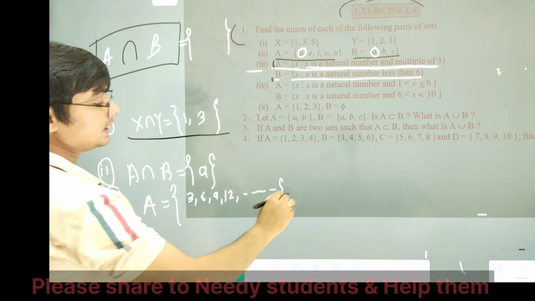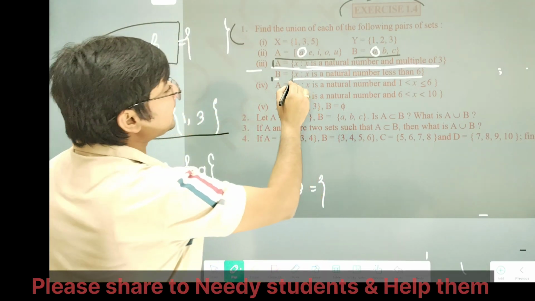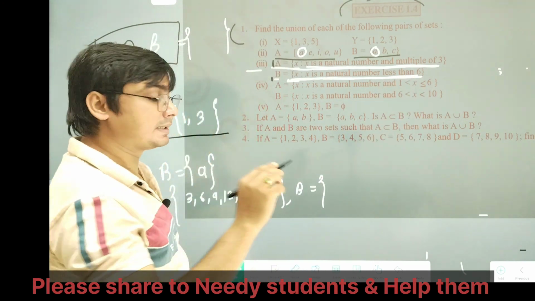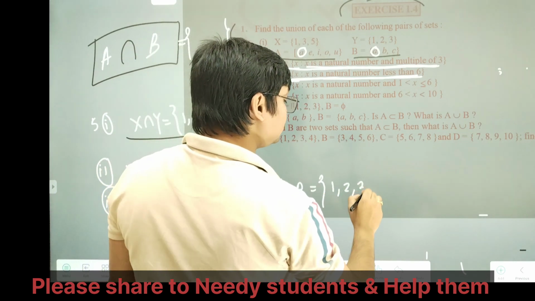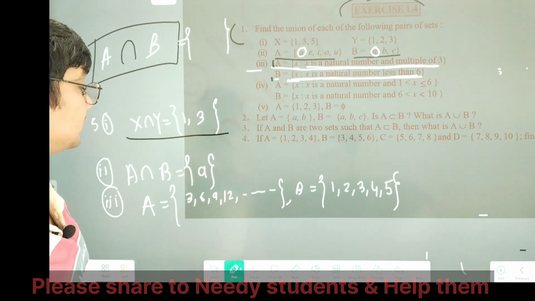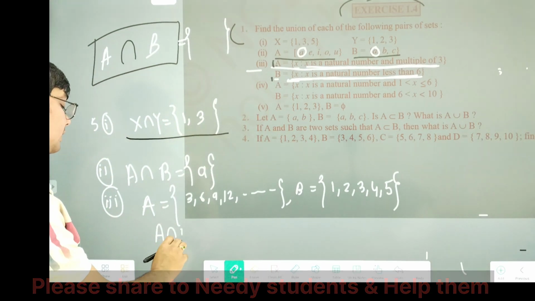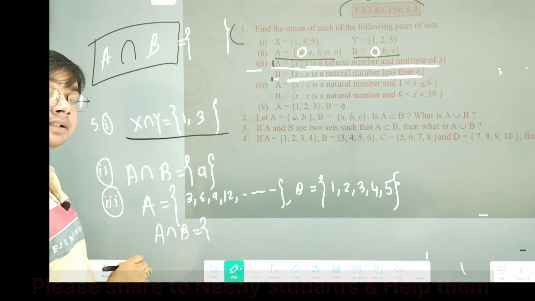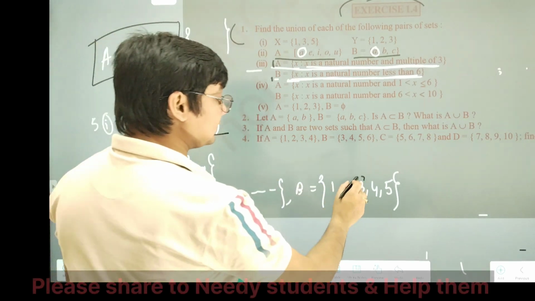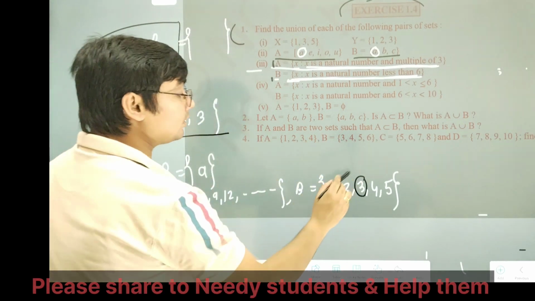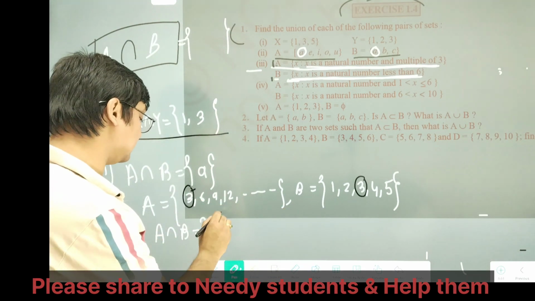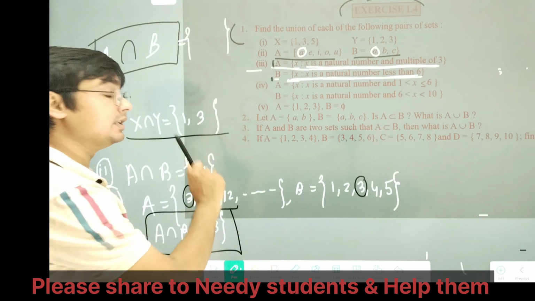B contains X where X is a natural number less than 6. That means 1, 2, 3, 4 and 5. Now find the common elements for A intersection B. Only 3 is the common element, so you put 3. This is our A intersection B.